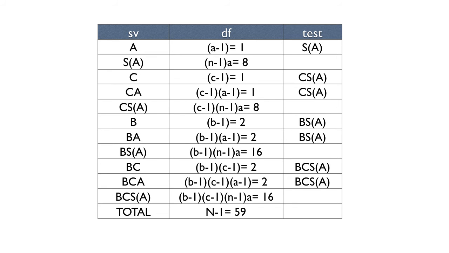C, C by A, C by S within A. Done. B, B by A, B by S within A, B by C by A, B by C by S within A. Done. It's mechanical. It's very mechanical.